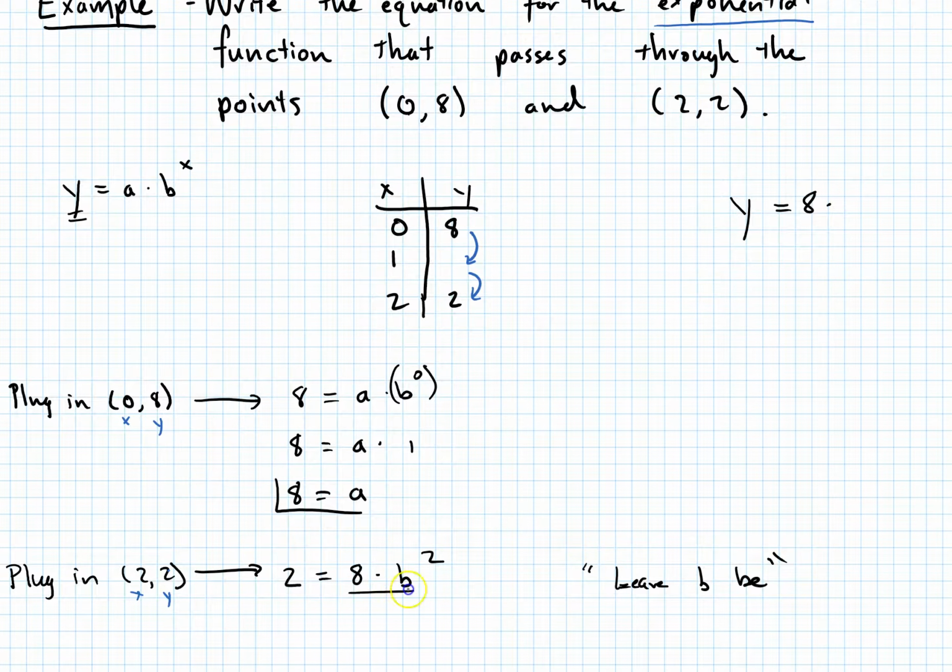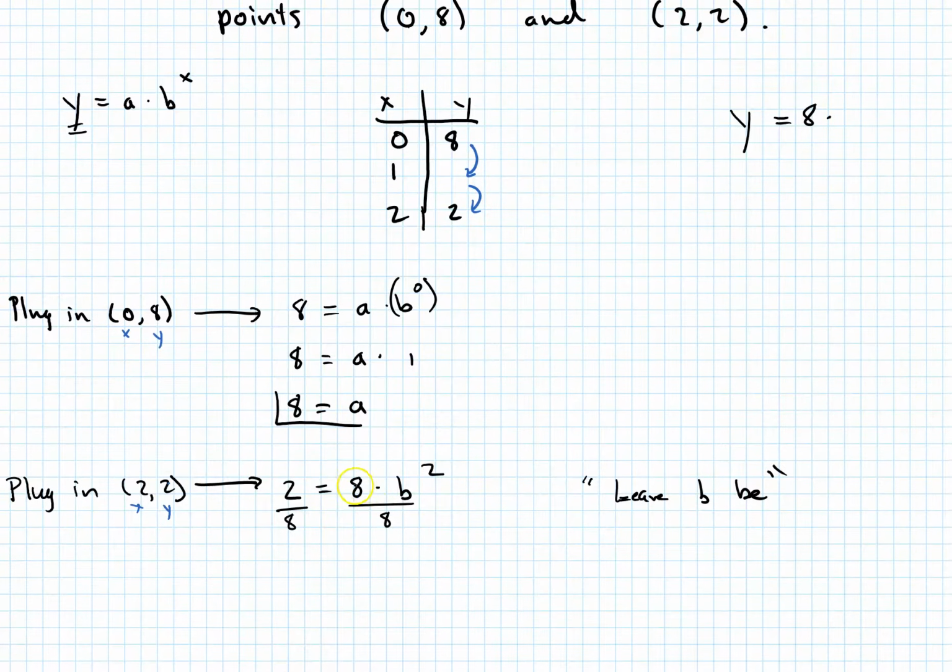Okay, we're going to divide both sides by 8. We can undo multiplication by 8 using division by 8. And we get 2 over 8 equals b to the power 2. 2 and 8 can be reduced because we can divide the top and bottom by 2. 2 goes into itself 1 time, 2 goes into 8 4 times.